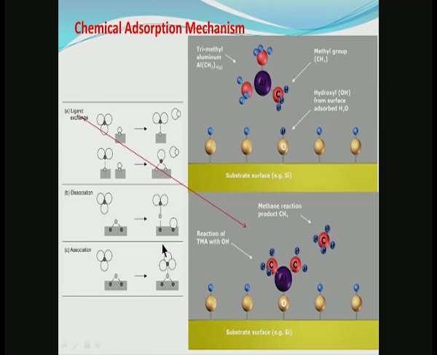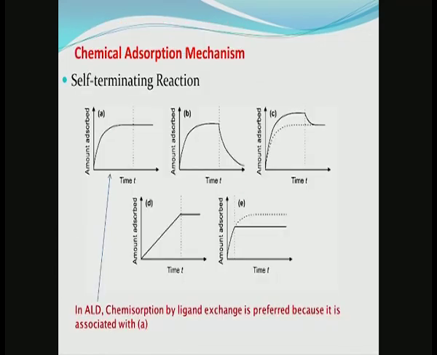Now, what we saw in the case of aluminum oxide represents ligand exchange, that is, we now have CH3 thrice Al and then HOH or water molecule, and what we now get out of that is a methane molecule and the dangling bonds of trimethyl aluminum on the surface. So, this is a case of ligand exchange, and it turns out that ligand exchange of this sort is more suitable to obtain uniform layers with the ALD process.